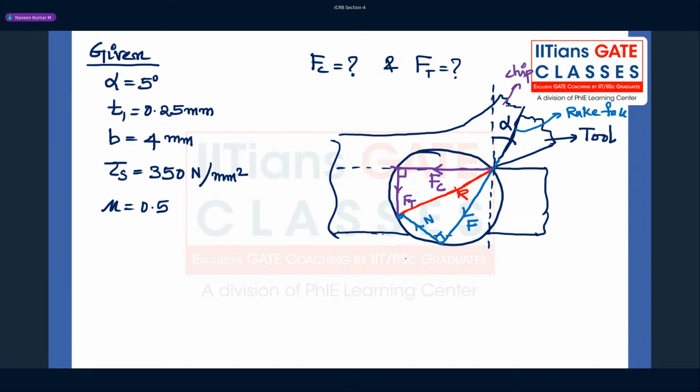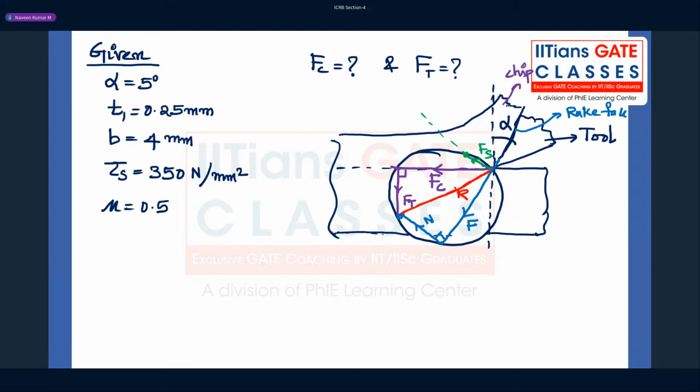And for FC and FT, the common thing is R, and for F and N also the common thing is R, in the sense that the resultant is R. And there is one more set, that is shear force and force perpendicular to the shear force. Let me take some other color. So if you see, this will be your shear plane like this. So this is your shear force Fs.